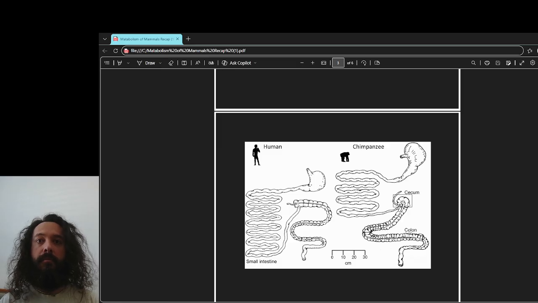So the microorganisms live in this cecum area, and because plants have so many plant toxins to defend themselves, they constantly have to reintroduce different types of complex microbiota into the cecum, and that's why the appendix is so large compared to humans.